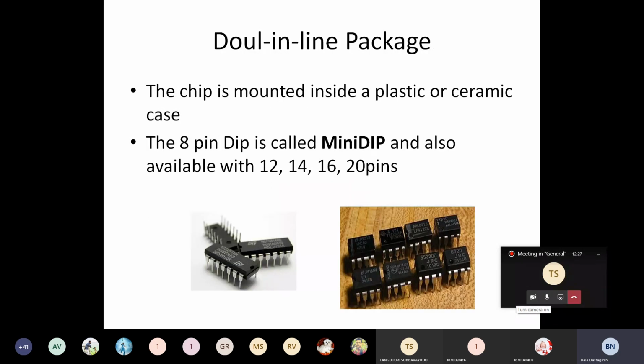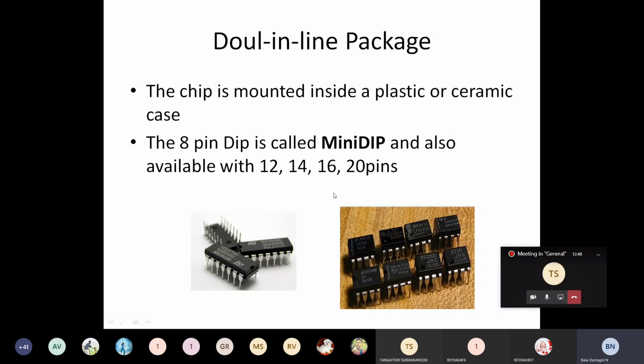The next one is the dual inline package. Here the chip is mounted inside a plastic or a ceramic case. By taking a plastic material or ceramic material, the chip is mounted inside it.